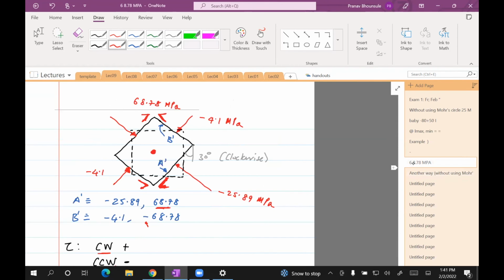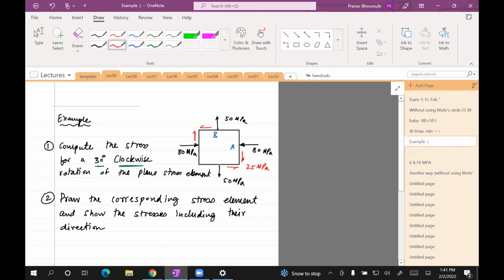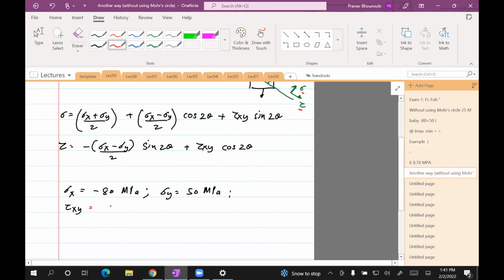And if you look at the figure in the problem, the shear stress is not in the direction in which we derived it. It's the opposite direction. So it's minus 25 MPa for the shear stress. So tau xy is negative 25 MPa. Okay.